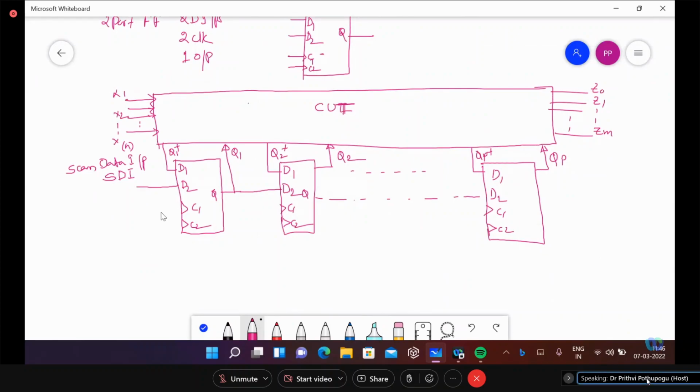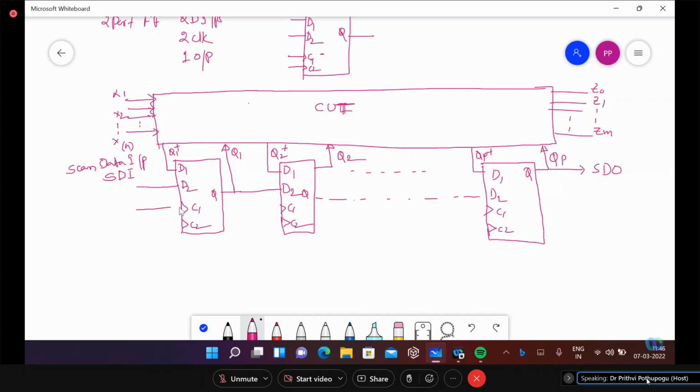This is scan data in. When you are testing, you are taking the scan data. This is Q, and this is scan data output.